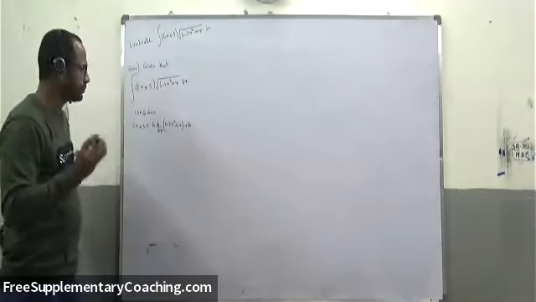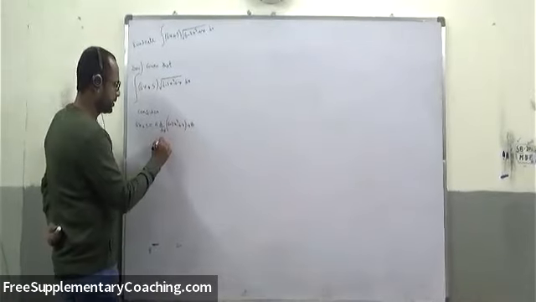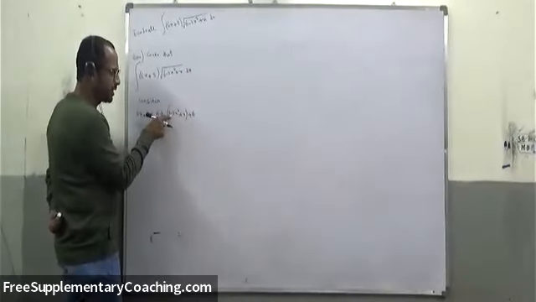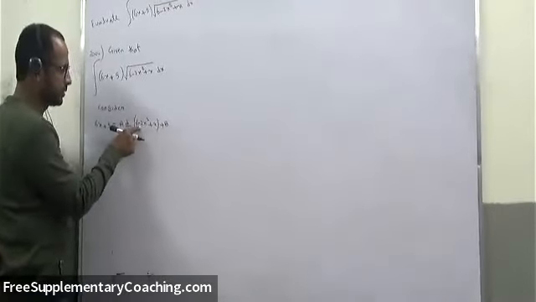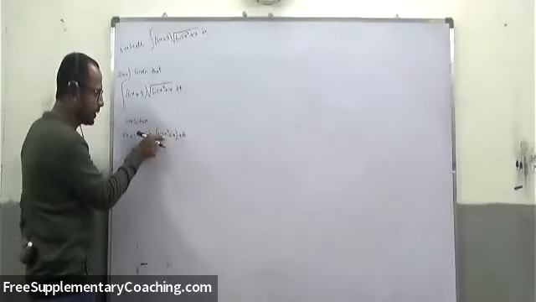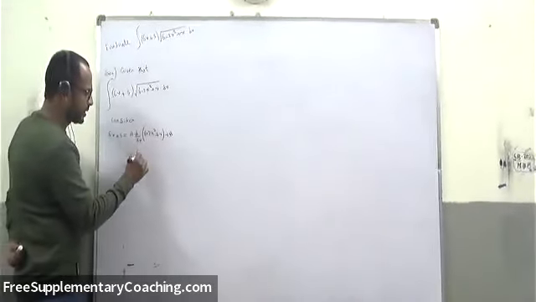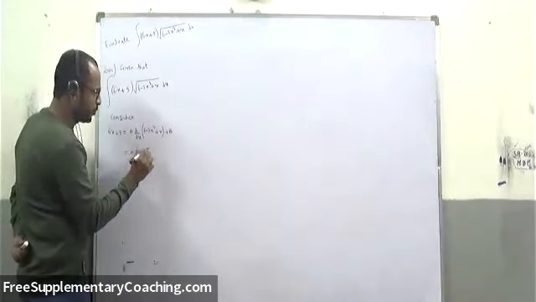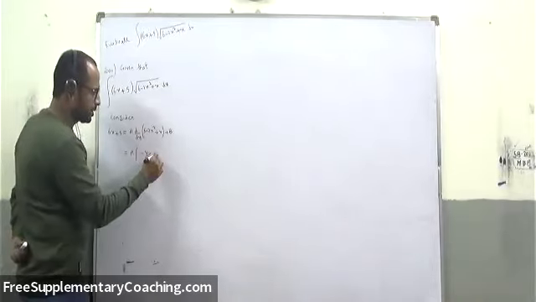Now I can write a times d by dx of the constant 6, which is 0. d by dx of minus 2x square: minus 2 is constant, d by dx of x square is 2x, so this complete term minus 2x square becomes minus 4x when you apply the derivative. And d by dx of x is plus 1.